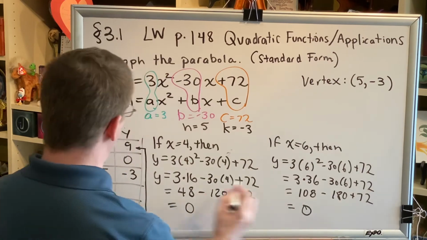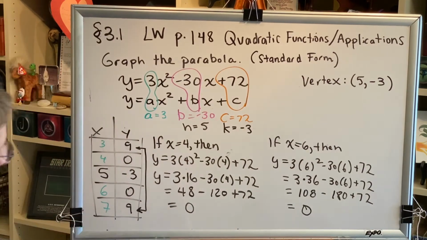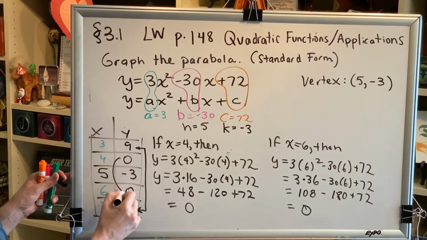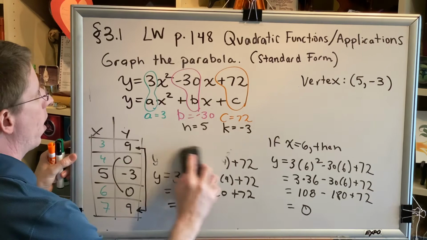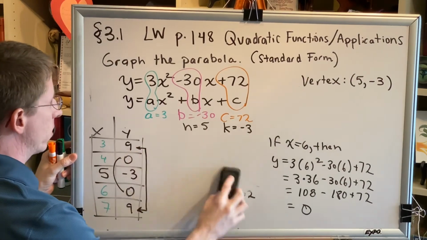Minus 180 leaves 0. Okay, there we go. We have our points, and our points give us the symmetry that we expect from parabolas. Therefore, we are confident that our numbers are probably correct.